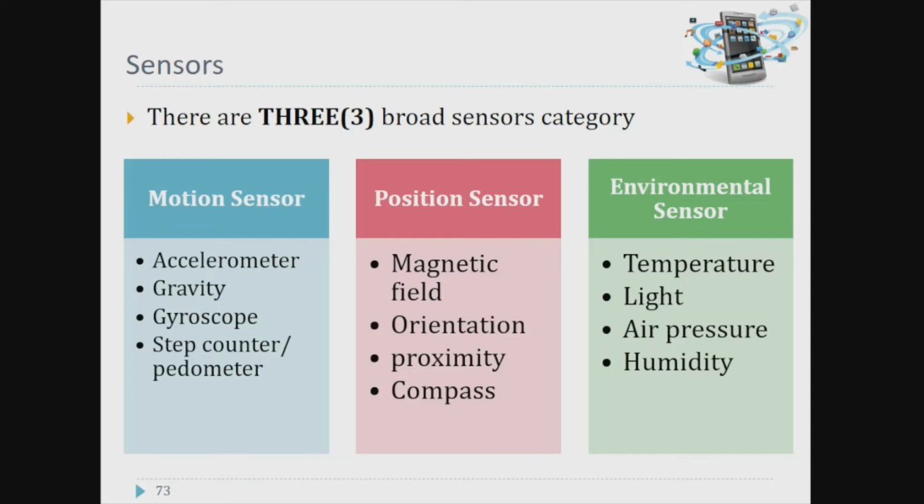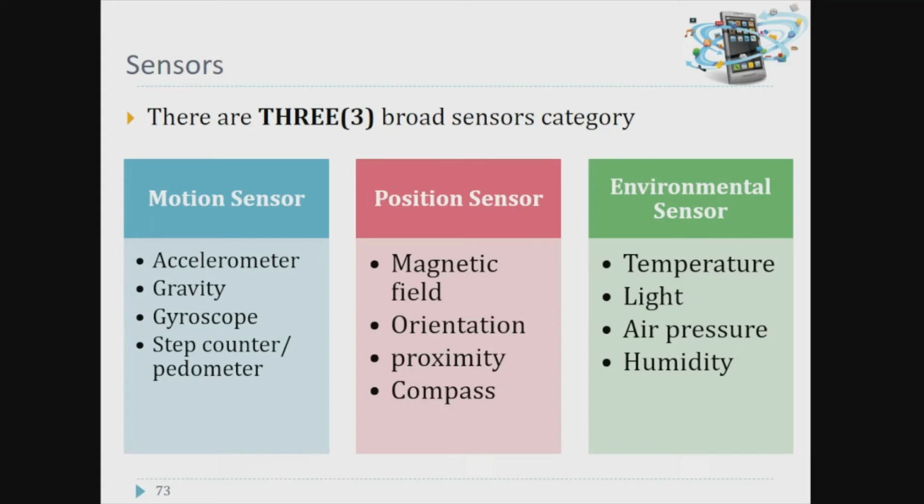For the position sensor, we have the magnetic field, the orientation, the proximity, and the compass. And for the environmental sensor, we have the temperature, light and air pressure, as well as the humidity. Not every mobile device provides those sensors, but most mobile devices have this kind of sensor.